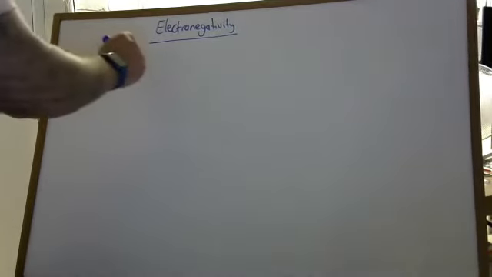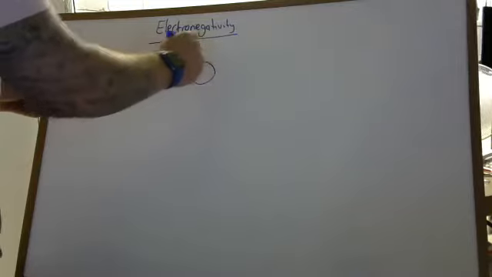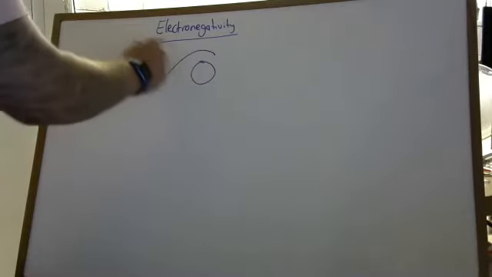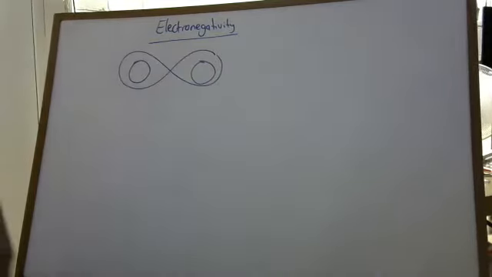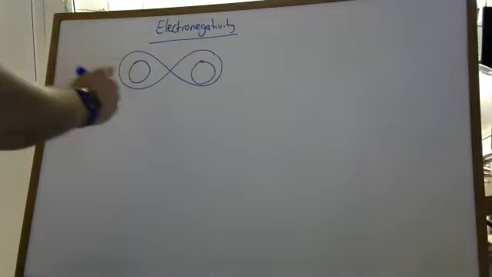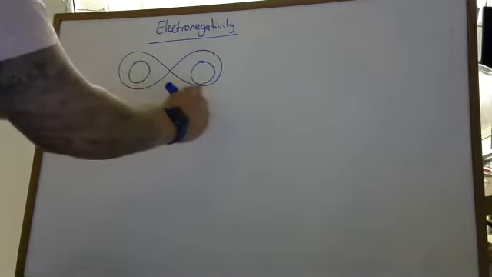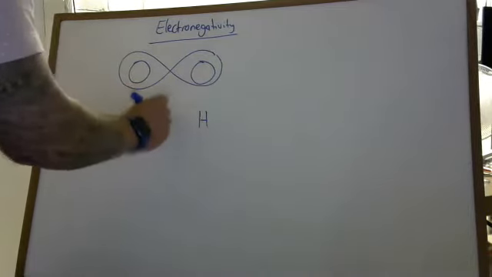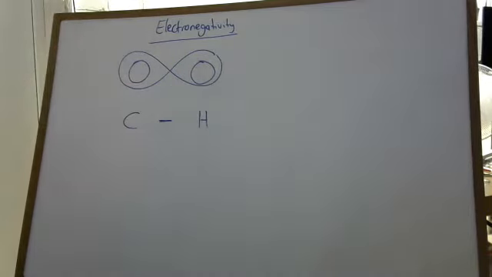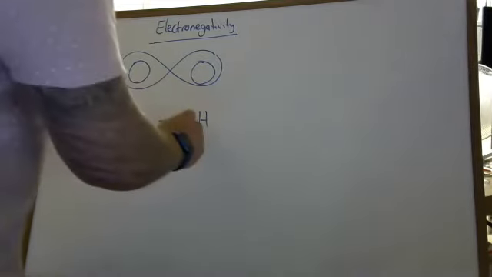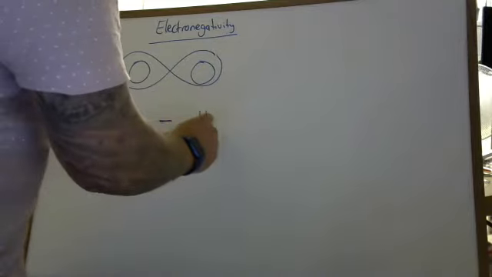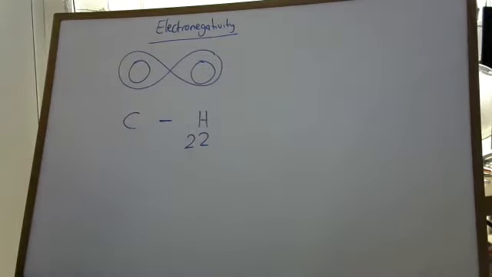So let's say we've got two atoms and they bond together using their outer shell. Let's use carbon and hydrogen as an example. Hydrogen has an electronegativity value of 2.2.